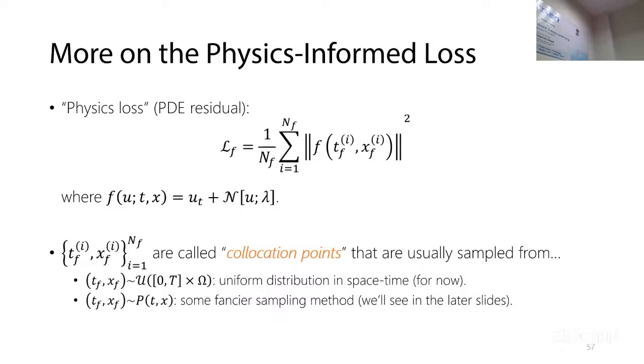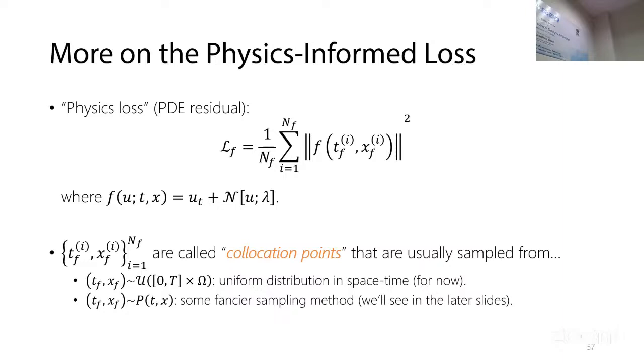Somebody asked, what is the distribution of those collocation points? Usually we consider the uniform distribution in space-time. Whatever the range of the time interval is, and whatever your physical domain looks like, your best bet is to just uniformly sample points in that space-time.